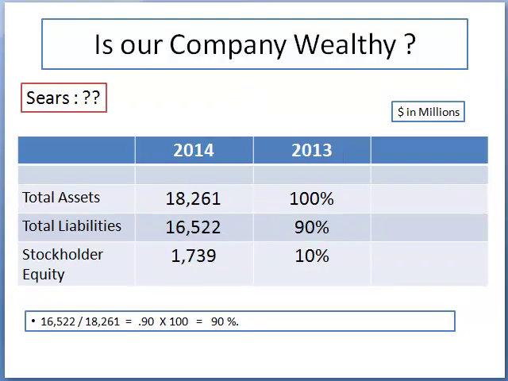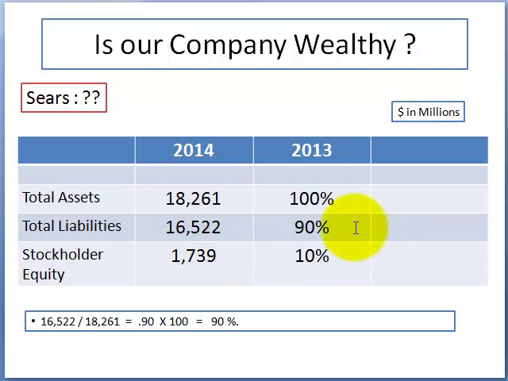So let's go back to our friend Sears. Now, we looked at Sears 2004, and this is their percent of ownership, not 2013, sorry. Instead of $111 billion of stockholders' equity, Sears has a little over $1 billion. And notice here, 90% of Sears is owned by creditors.